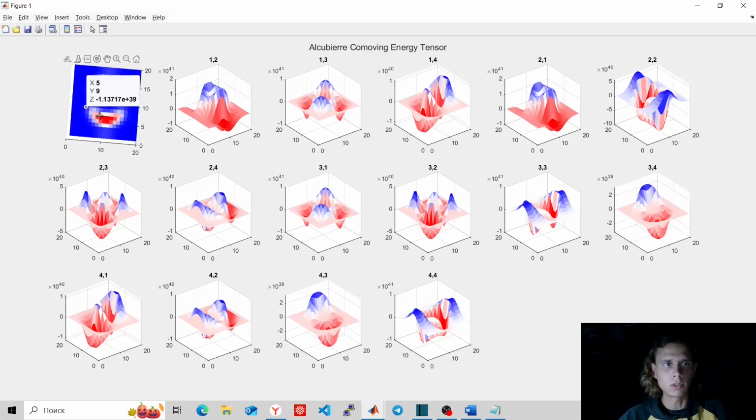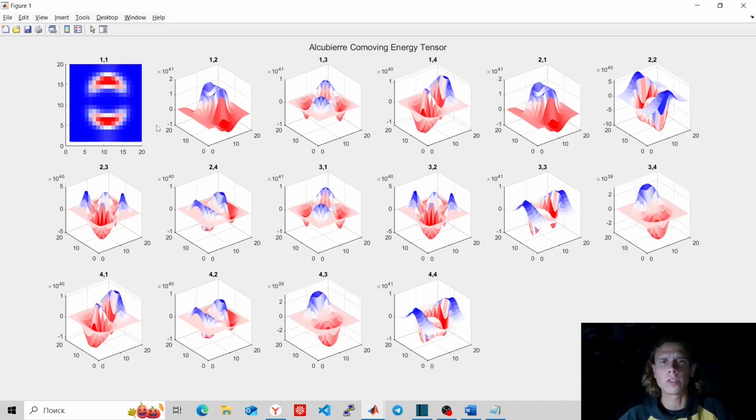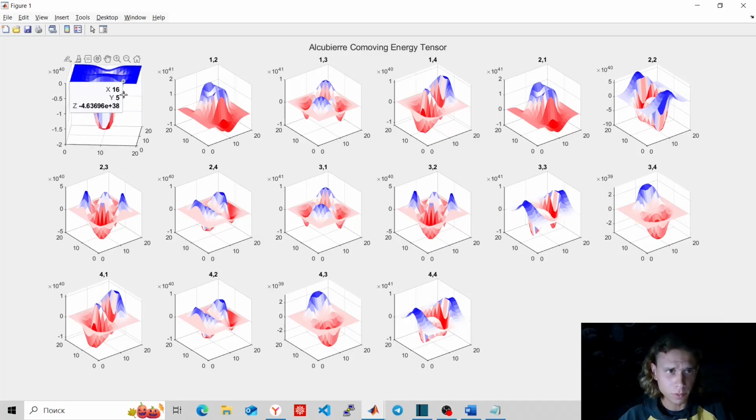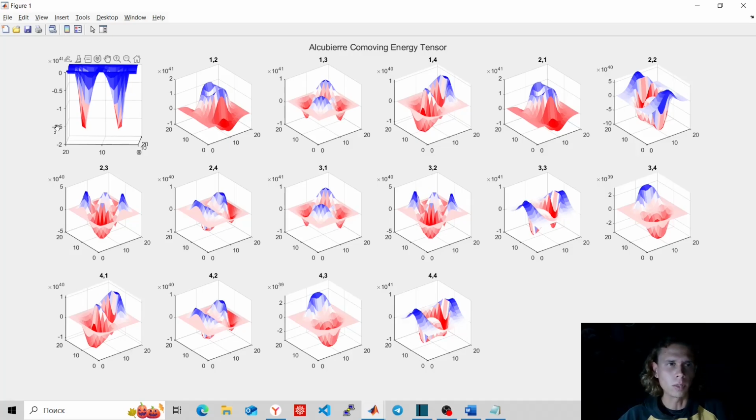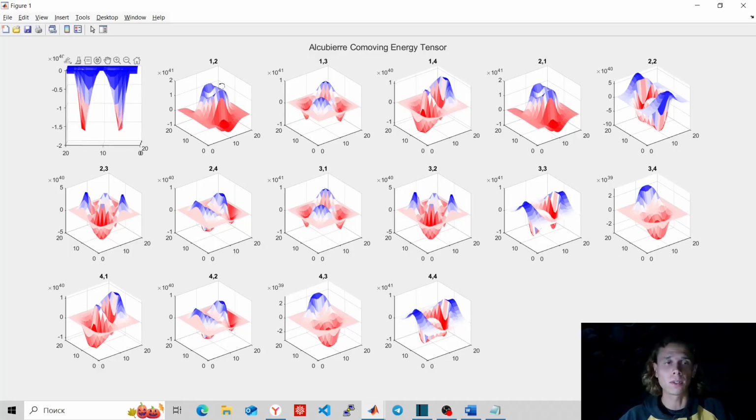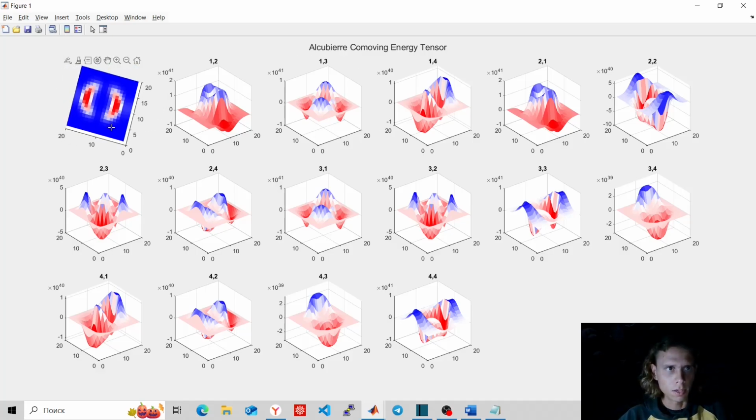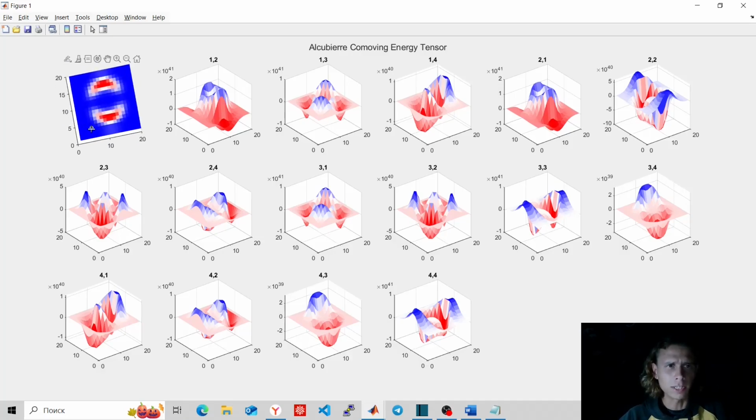This is the distribution of matter and energy that is needed to create our warp drive. These are negative values. It's minus 1.5 times 10 to the power of 40, so quite a lot. And this is not kilos, it's joules per meter cubed. I hope I spelled it right.